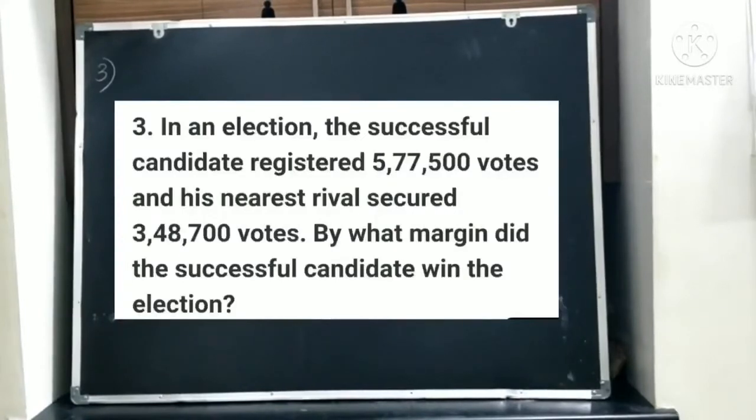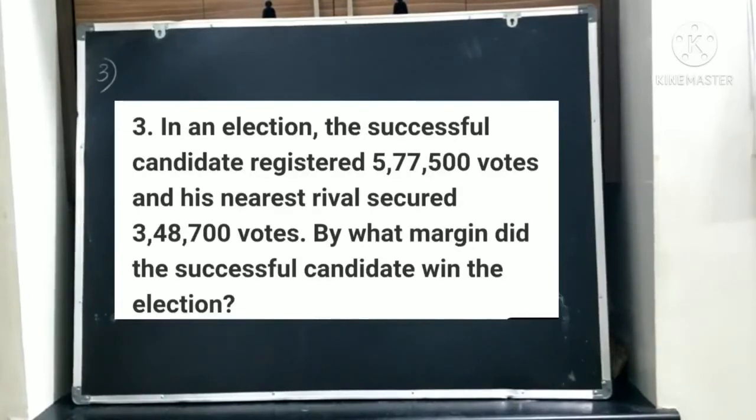Next, third question. See the question? I'll read now. In an election, the successful candidate registered 5,77,500 votes and his nearest rival secured 3,48,700 votes. By what margin did the successful candidate win the election?